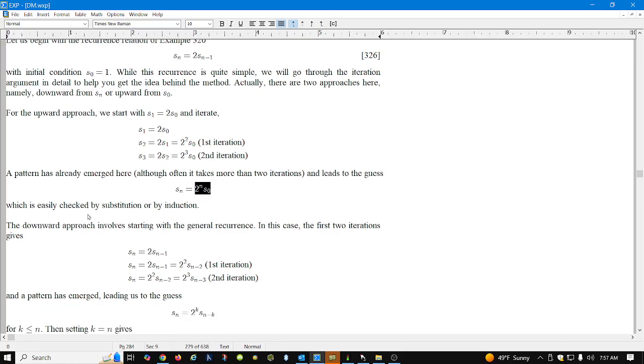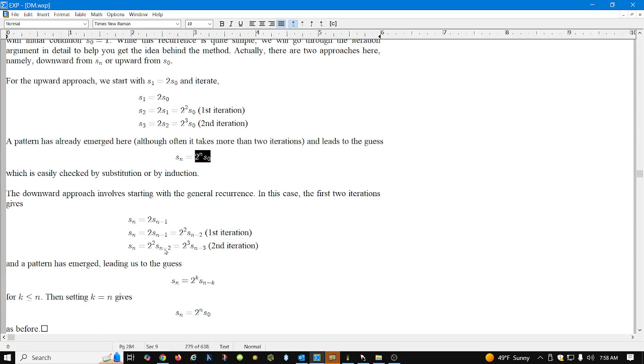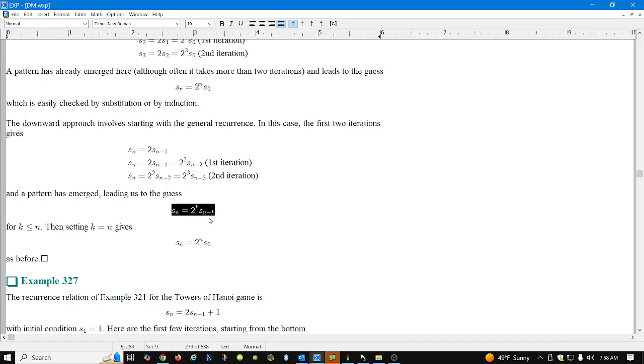The downward approach is quite similar, maybe not as obvious, but you start with Sn equals 2Sn minus 1, replace Sn minus 1 by twice Sn minus 2, and then again replace Sn minus 2 by twice Sn minus 3, and you begin to see this pattern, and then you can set k equals n, and you'll get the same thing we had before.